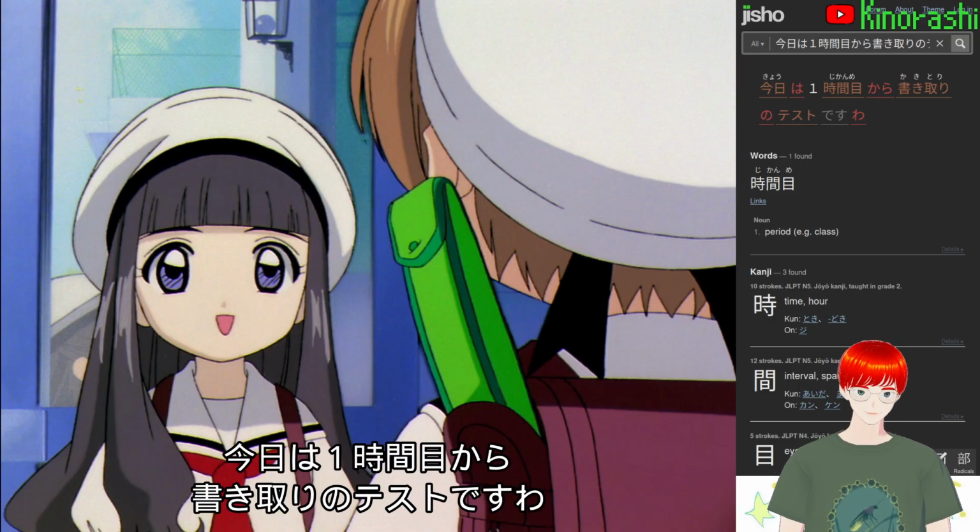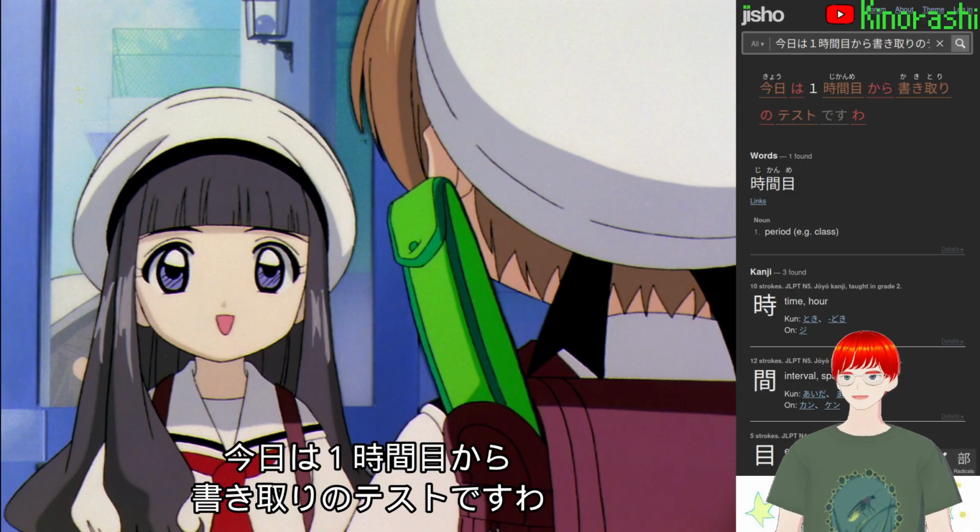In the context of Japanese education, kakitori is best understood as a kanji spelling test via dictation. Why spelling test? Well, yeah, I guess that's sort of like the way you do a spelling test in English in the US, where the teacher says a word and then you just spell it. So yes, I guess spelling test would work.